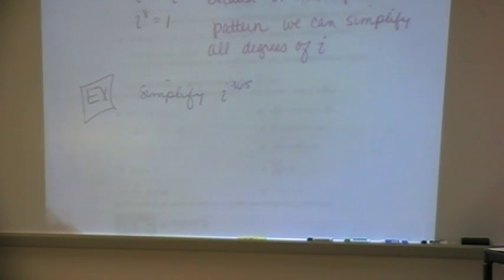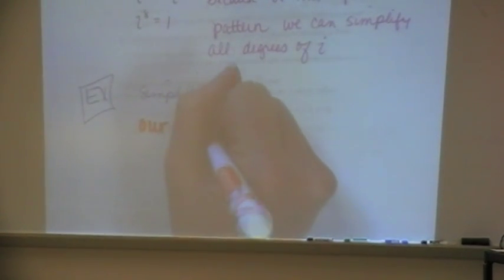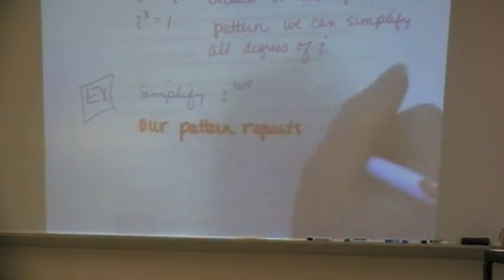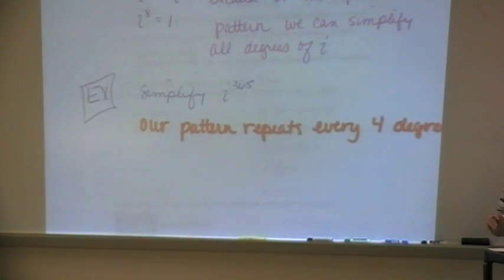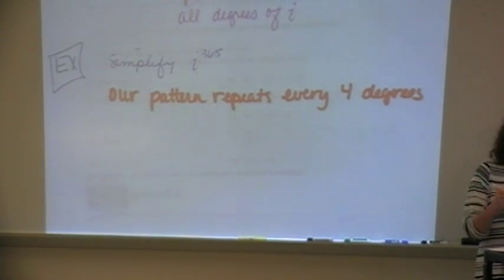All right, now, our pattern repeats every 4 degrees, so divide that by 4. So you're going to divide 365 by 4.